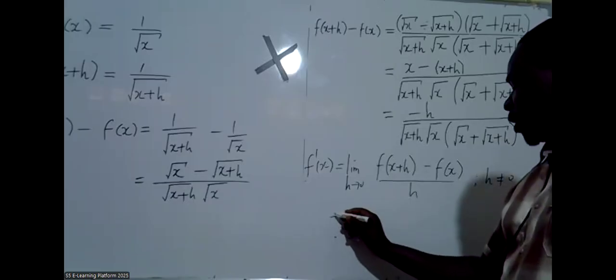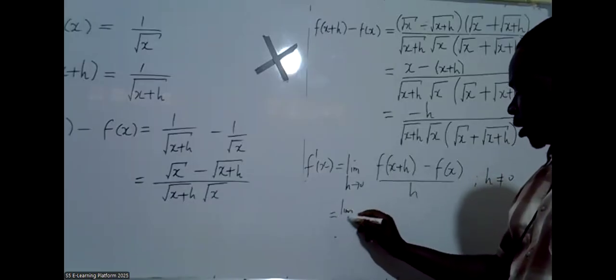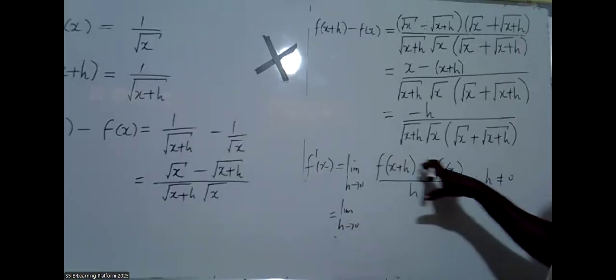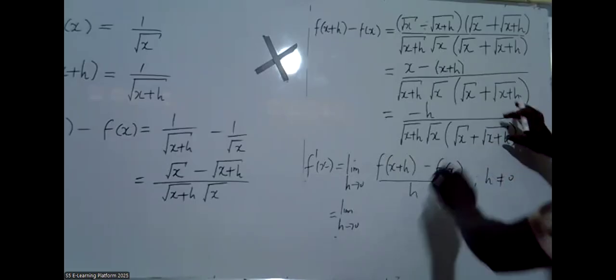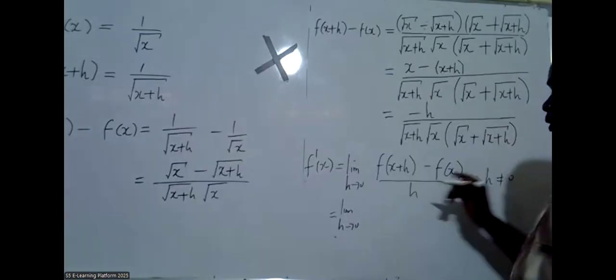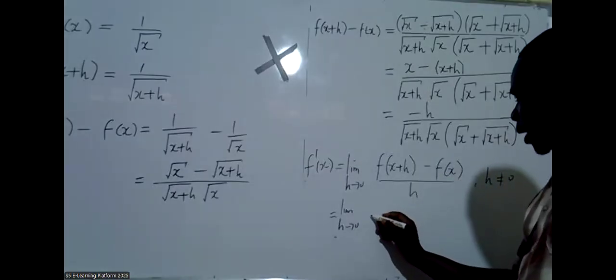Now you go and substitute. This will be now limit as h tends to 0. The whole of this numerator here is what we have in this step. That is f of x plus h minus f of x.